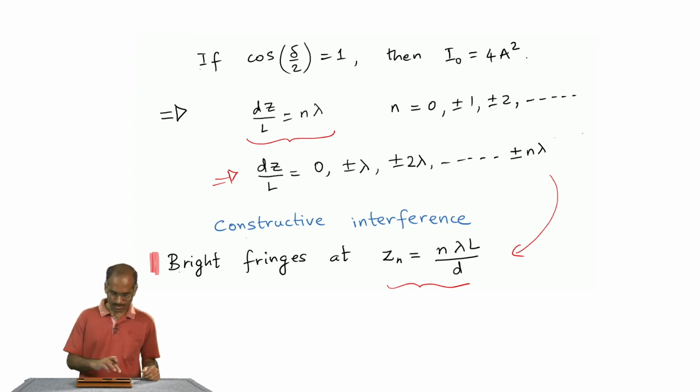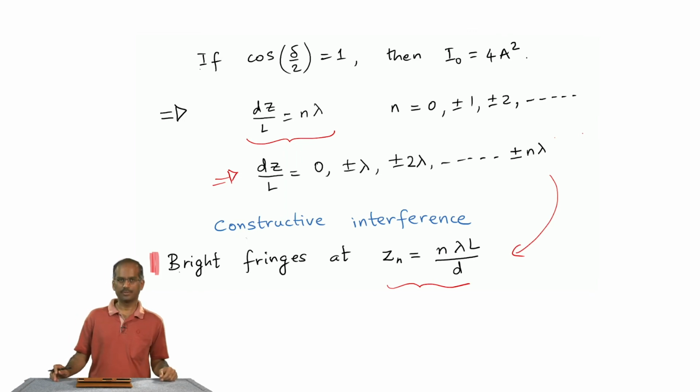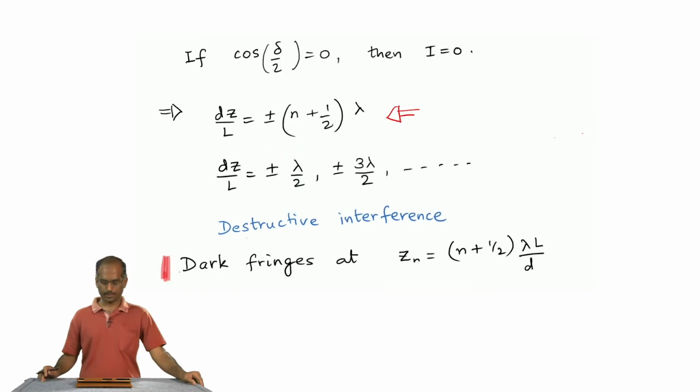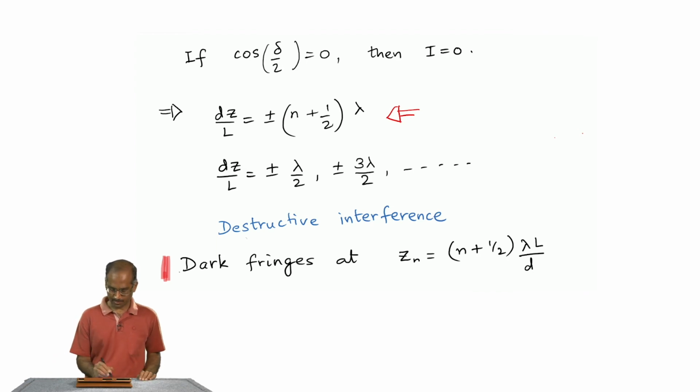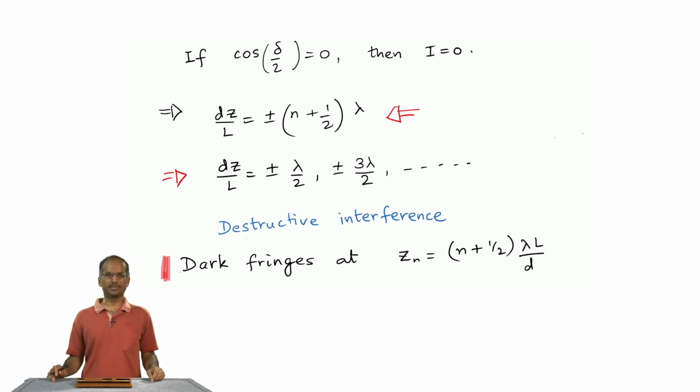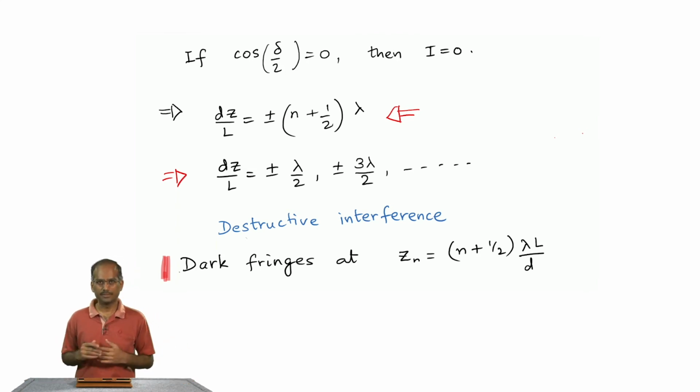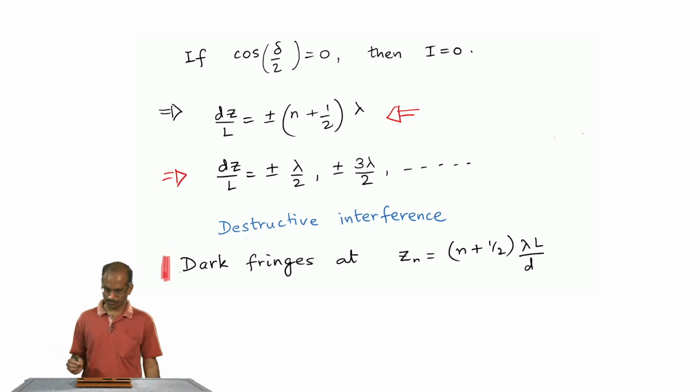Now, you can do a similar exercise for minima or destructive interference. So, the condition is dz by L is equal to plus or minus n plus half times lambda. From here I can extract the condition for destructive interference, a minima or a dark fringe. dz by L should be equal to plus or minus lambda by 2, plus or minus 3 lambda by 2 and so on.